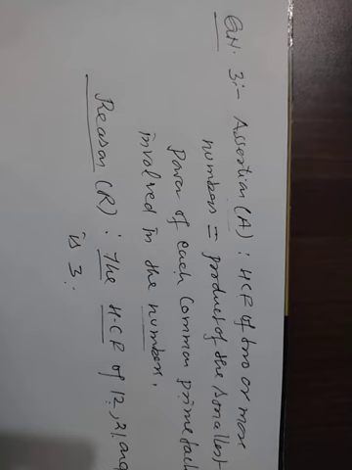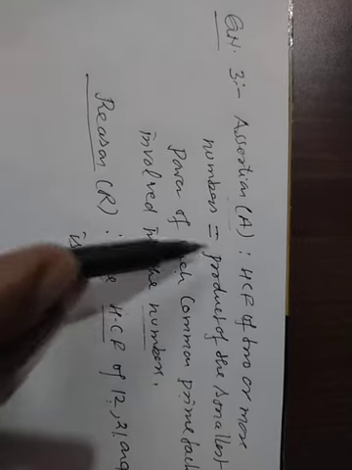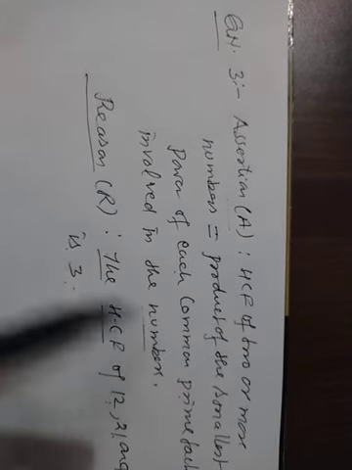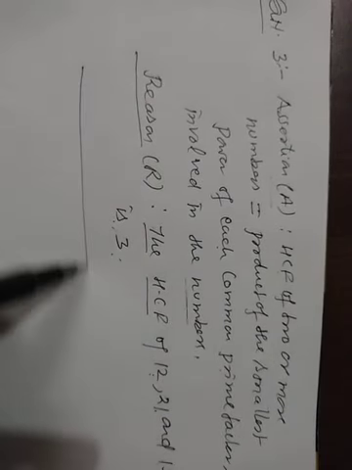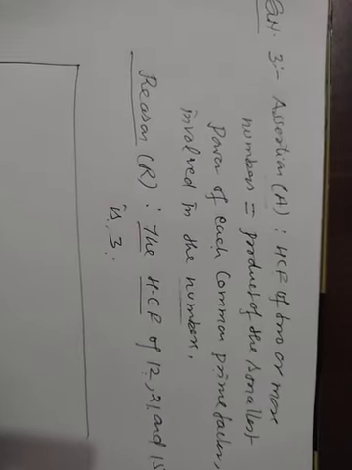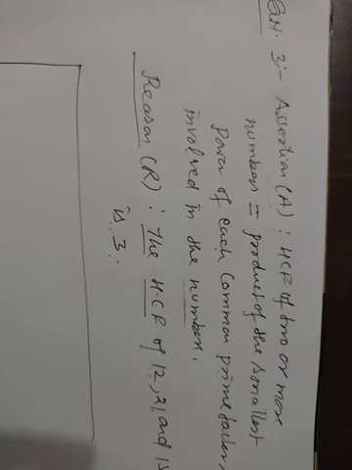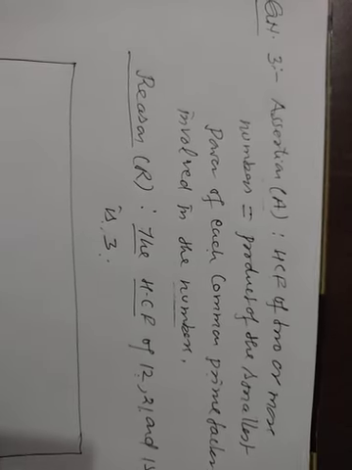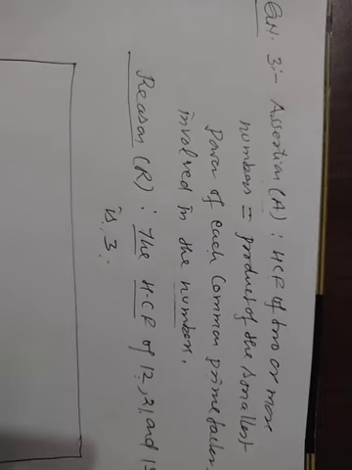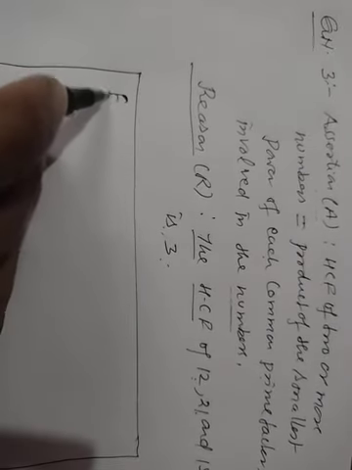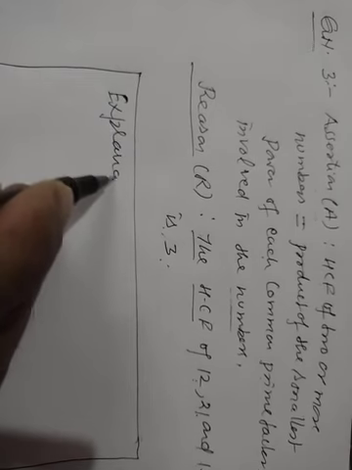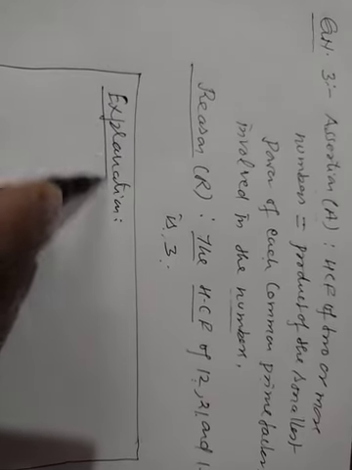Okay, student. Now read the assertion and the reason both correctly. Now the explanation will be there. I am going to explain your answer, and then you will decide your option. Okay, you see the explanation.